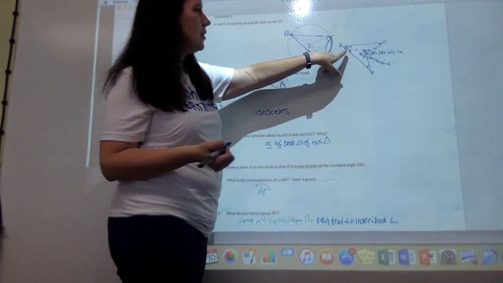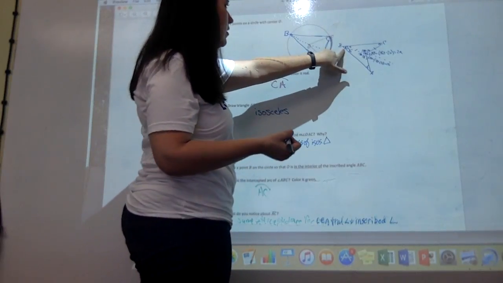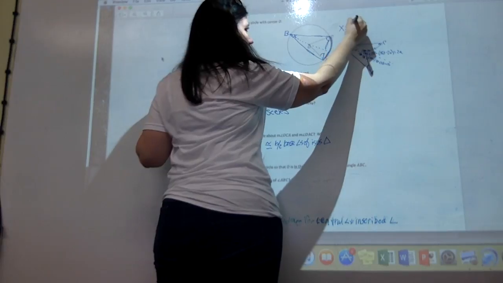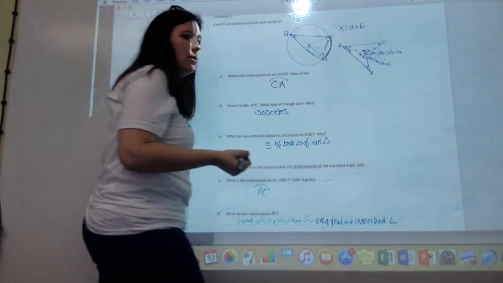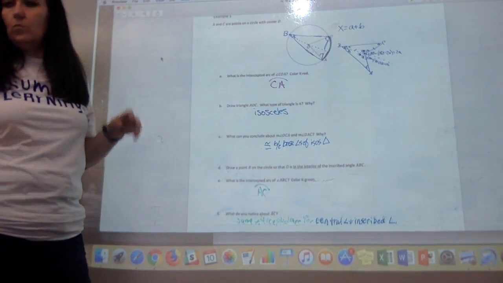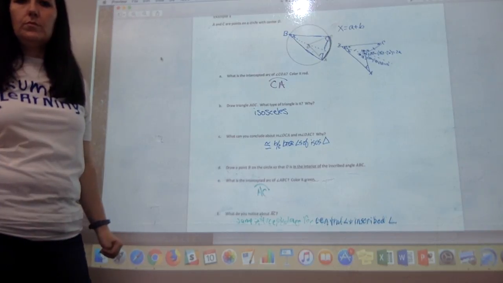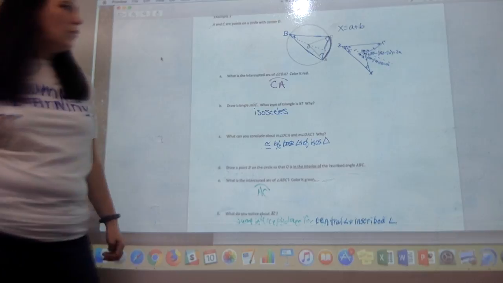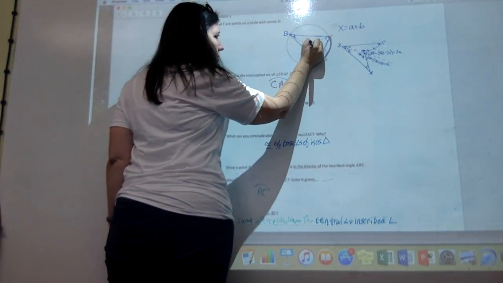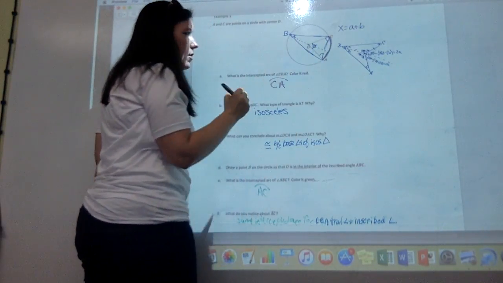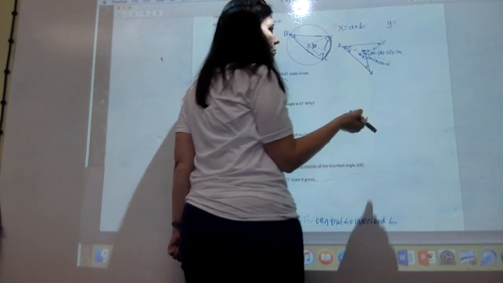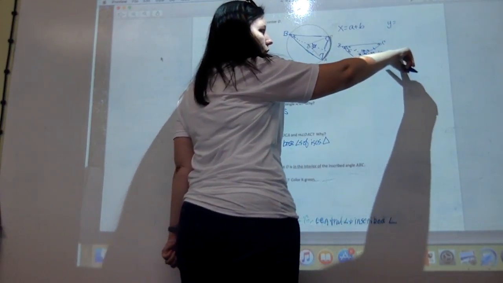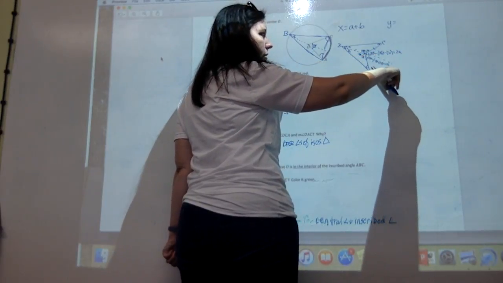So now we can look and see X right here. So this guy was X. X is a measure of A plus B. Y is this whole angle right here. Y is the relationship of what? Of 2A and 2B.